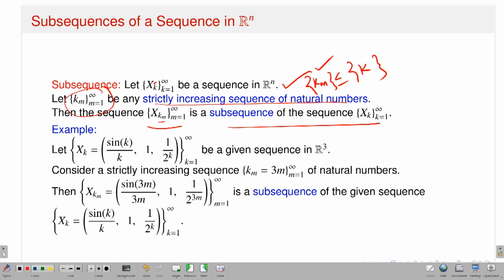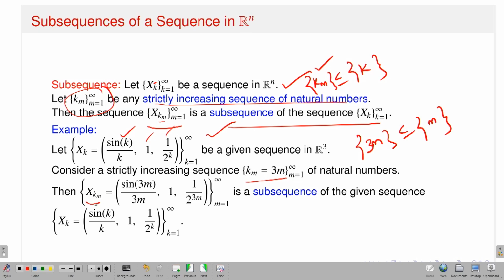For example, take this sequence Xk, with component sequences sin k by k, 1, and 1 by 2 to the power k. Take a strictly increasing subsequence of natural numbers, say km equal to 3m. Certainly 3m is contained in the natural numbers.